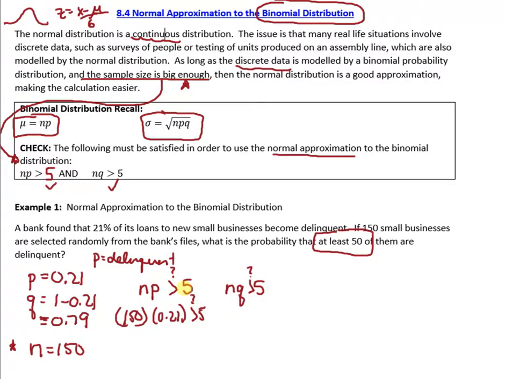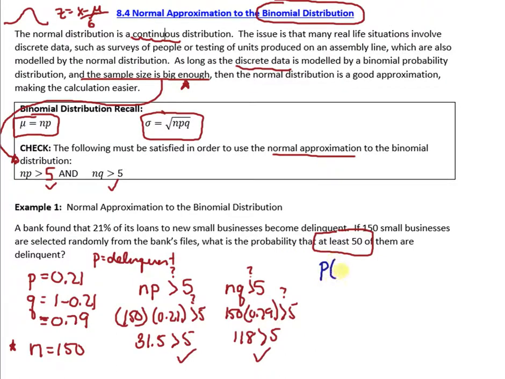We get 31.5, and that's greater than 5, so we're good. Now, 150 times 0.79, is that greater than 5? It's 118, which is greater than 5. By doing this check, and you have to show this check in your work, we're able to use the normal approximation.